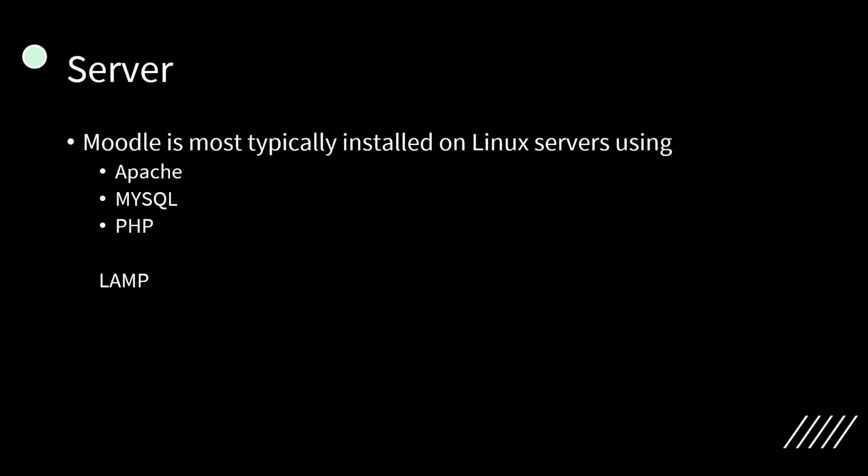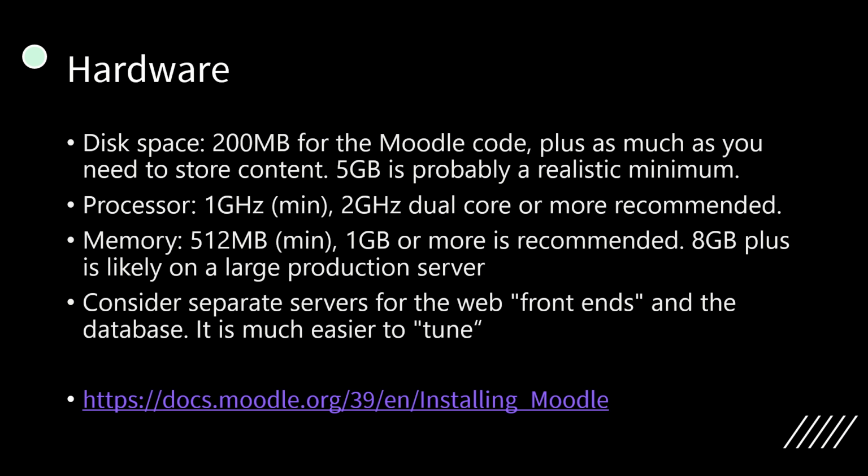You can use Apache as the web server, MySQL as the database, and PHP as the server-side script, which is called LAMP technology. Sometimes we may also use WAMP, or IIS. It depends on your server selection, but Linux is the recommended one for Moodle.